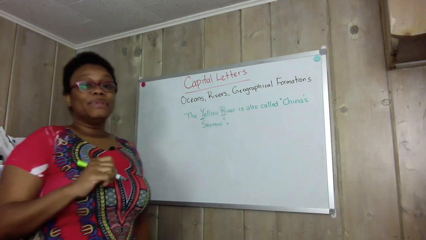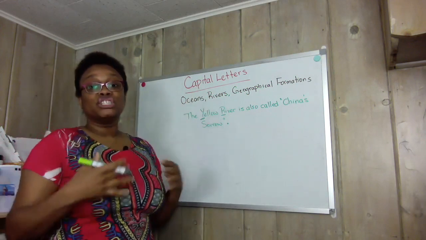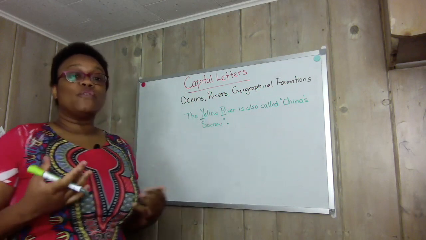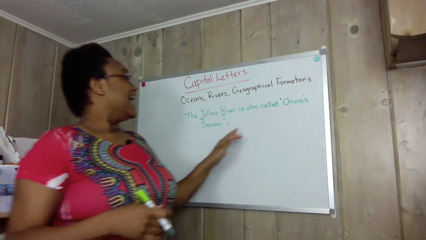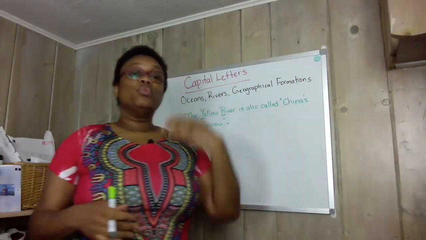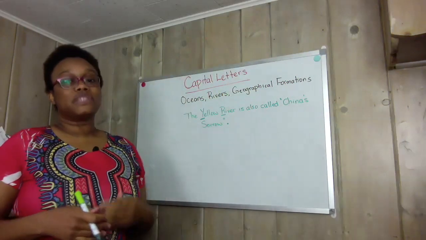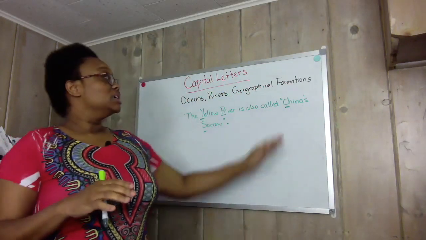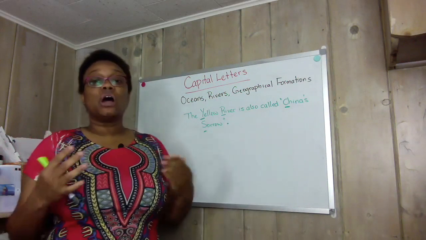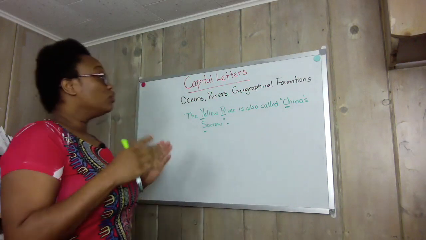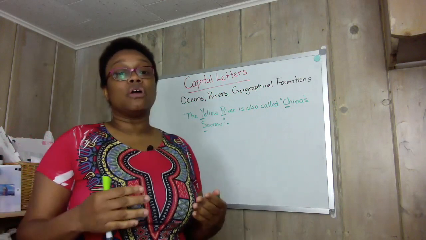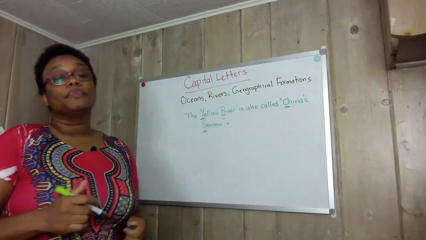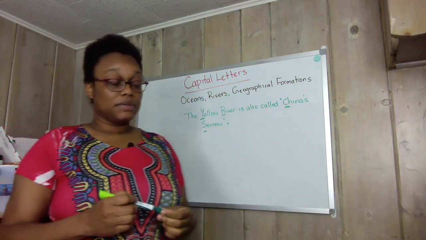Yellow River, because it names a river, a geographical formation. It names a specific river, so of course this is a proper noun. And that it is called, right? When we're stating the name of something, that also gets capitalized. So the C in China and the S in Sorrow get capitalized. The Yellow River is also called China's Sorrow. Both name specific things, rivers, and so they both get capitalized.